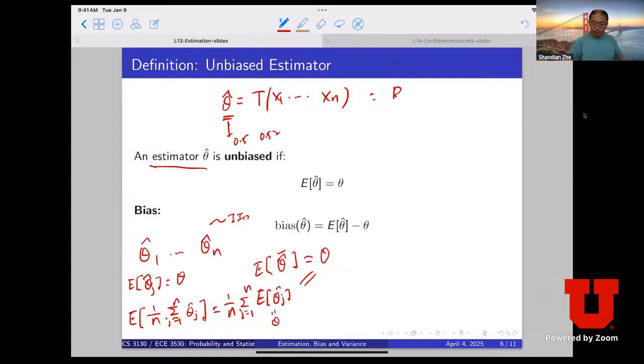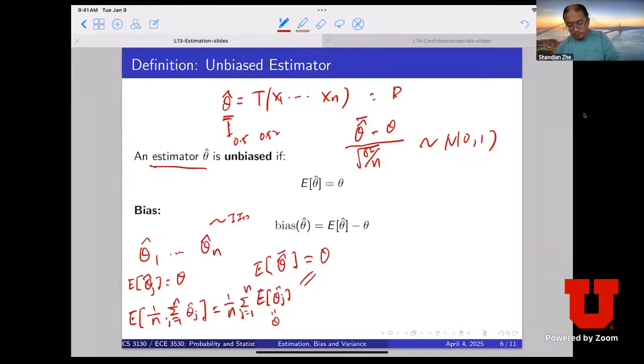But basically it means that your average estimator, subtracted by its mean theta and divided by the standard deviation sigma_n over root n, will approximately become a Gaussian. That's the central limit theorem.